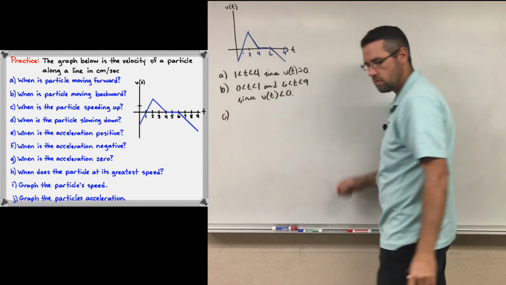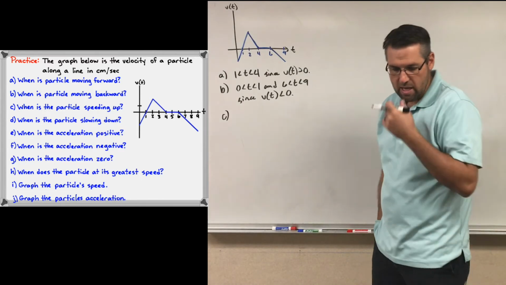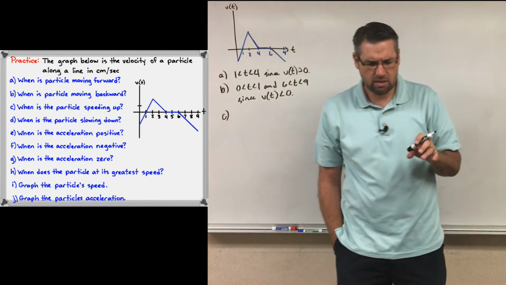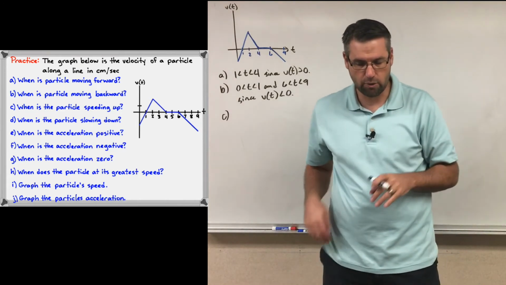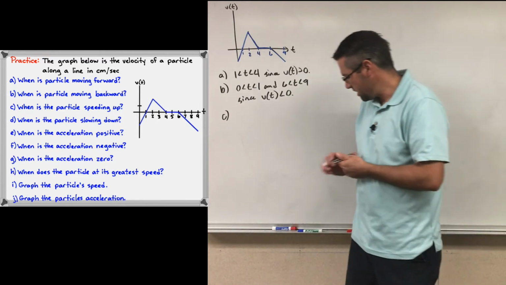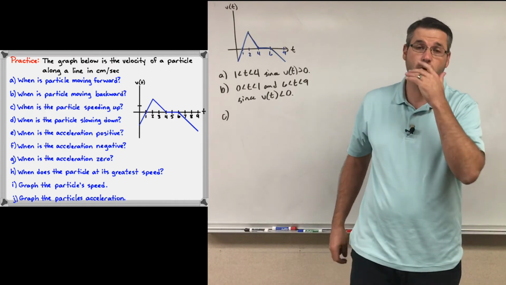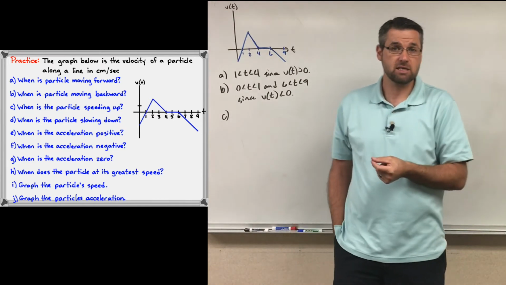Okay. For part C, it says, when is the particle speeding up? Now this question, the idea of speeding up can be a difficult concept to wrap our heads around. We'll go more in depth with it in the future, but I want you to understand speeding up. What does that mean? Well, remember, speed is the absolute value of velocity.